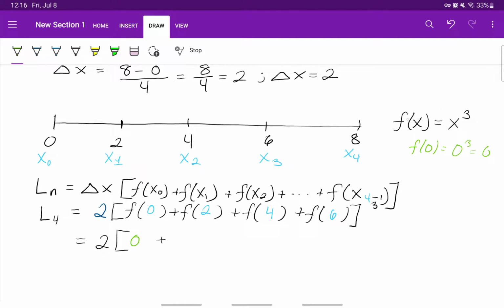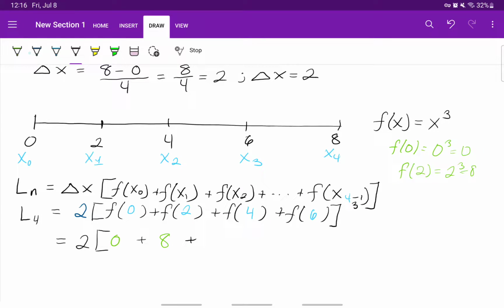We're plugging 2 into the function x to the third. 2 to the third power is 8, so that's going to be plus 8. f of 4, you plug 4 into x to the third. That's 4 to the third, which is 64. Plus f of 6. f of 6 is 6 cubed, and that is 216.